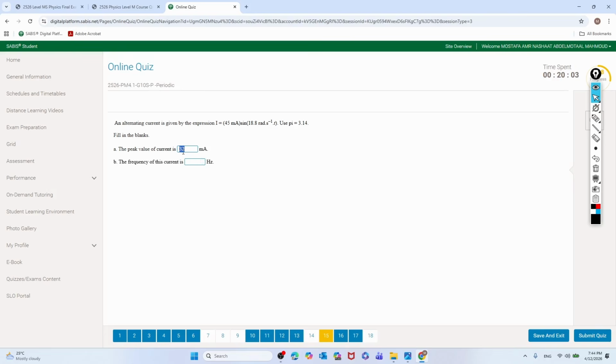Oh no, they just want the peak value. So the peak value is 45, guys, be careful. Root mean square, you divide by radical 2. Now here the frequency is 18.8 over 2 pi. You're going to get about 3 hertz, which is a very low frequency, but yeah.